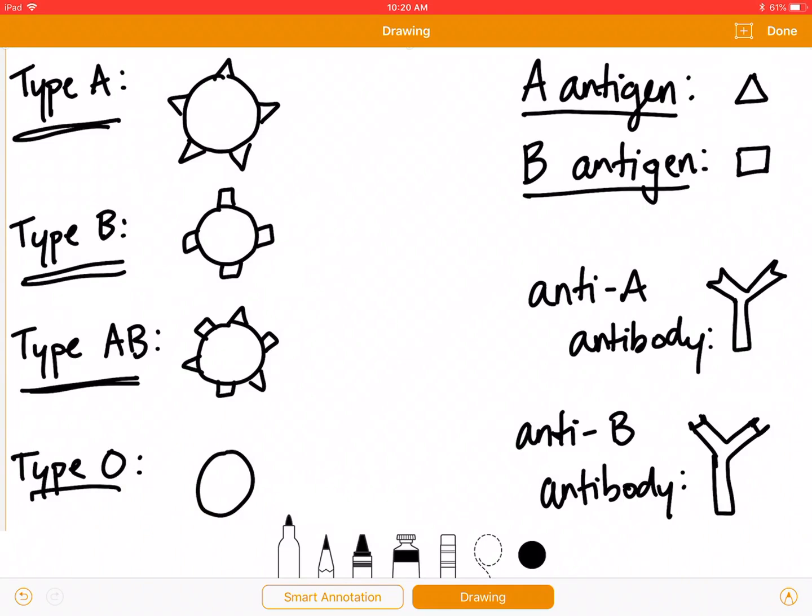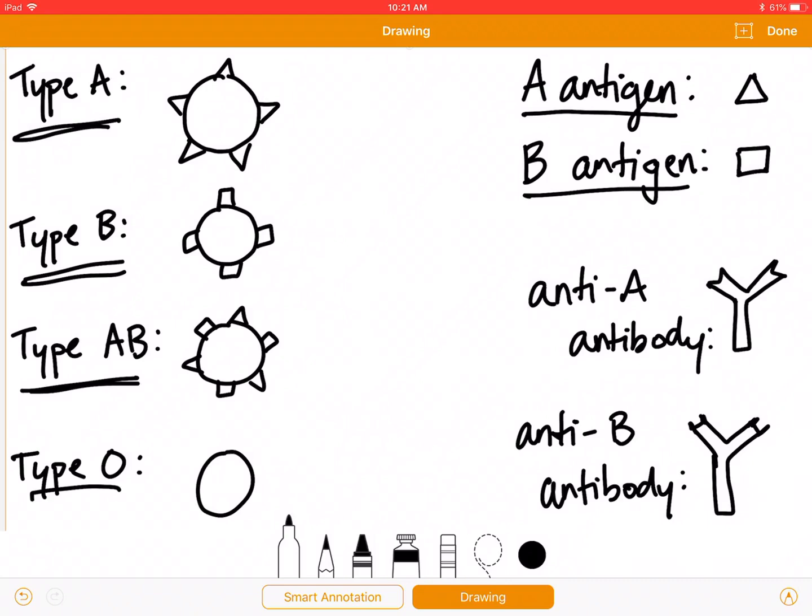Now, when you look at blood typing, we also know that different blood types have different antibodies present. So type A blood, since they have A antigens present on their red blood cells, that means they do not have B antigens present, so they will have antibodies against the B antigen, because antigens are basically something that your body recognizes as being foreign, okay?